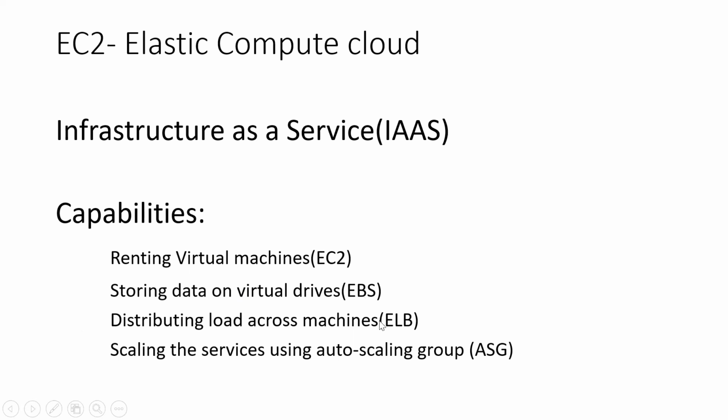Distributing load, there are load balancers. This is generally for web applications. We will not be concentrating on web applications because we are from the data engineering team, but just to let you know, suppose our EC2 servers are hosting some web application, maybe there are 2 or 3 EC2 servers. So you can use a load balancer.